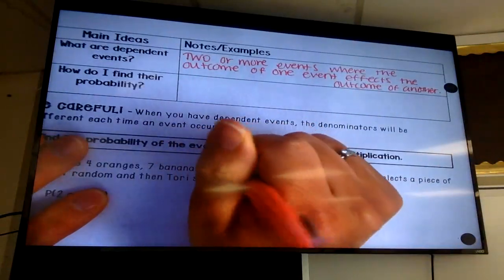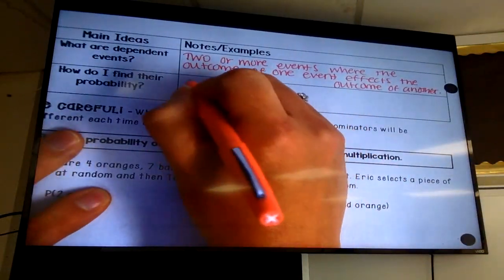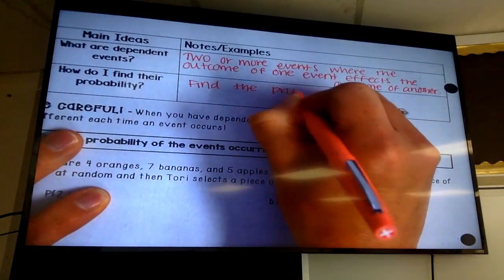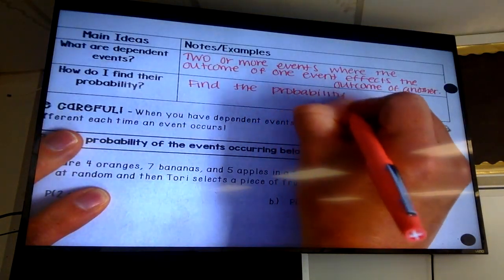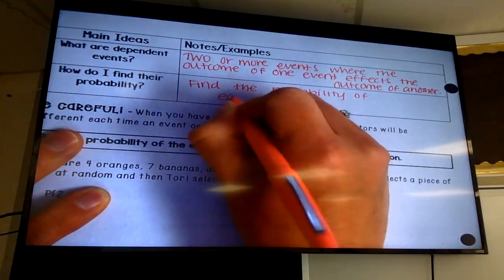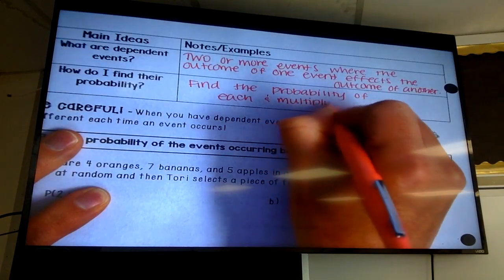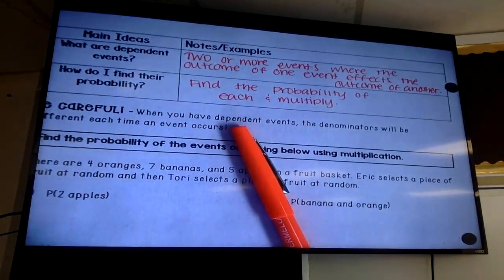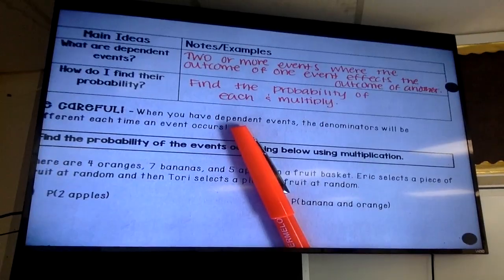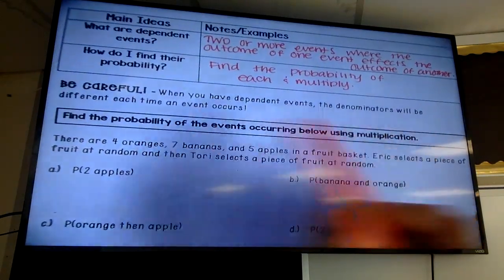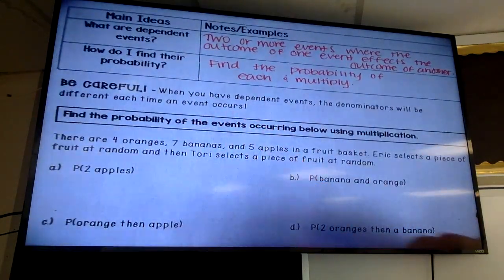And how do I find their probability? The same way. I find the probability of each and multiply. All right, now notice it says, be careful. When you have dependent events, the denominators will be different each time an event occurs. So I'll explain to you exactly why that happens here in a second.